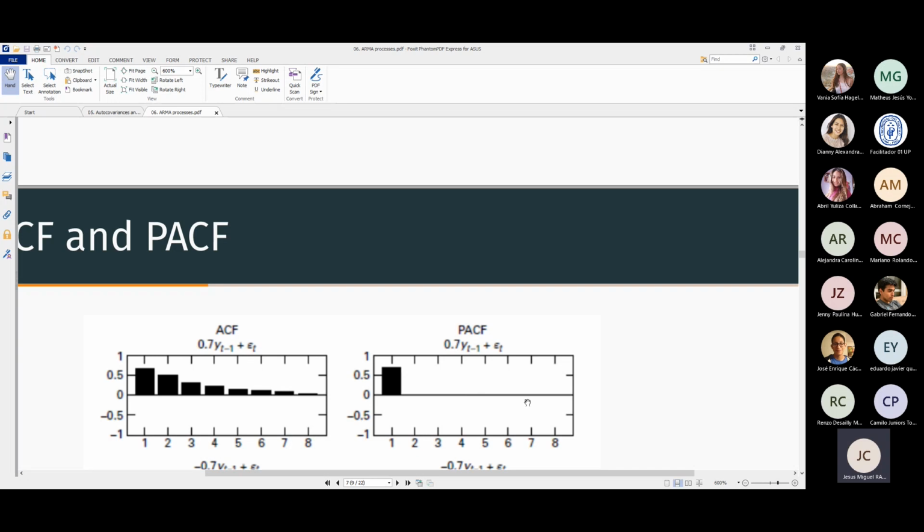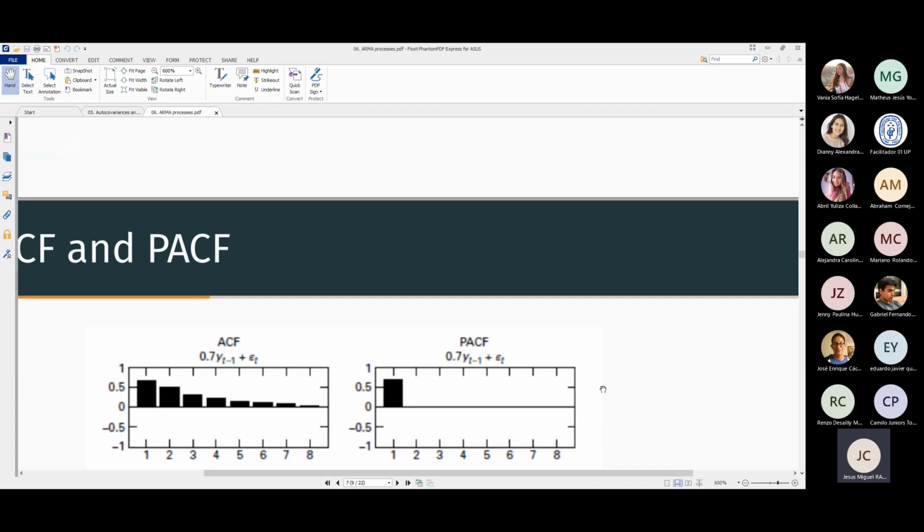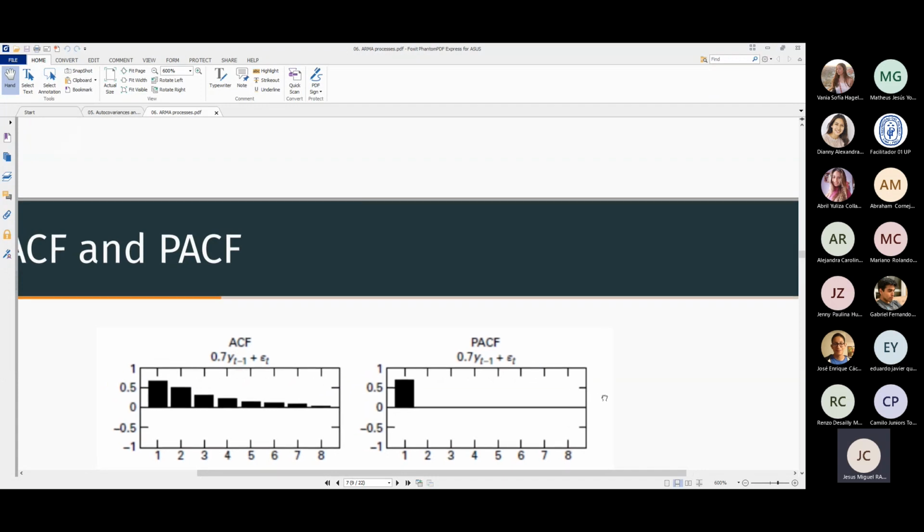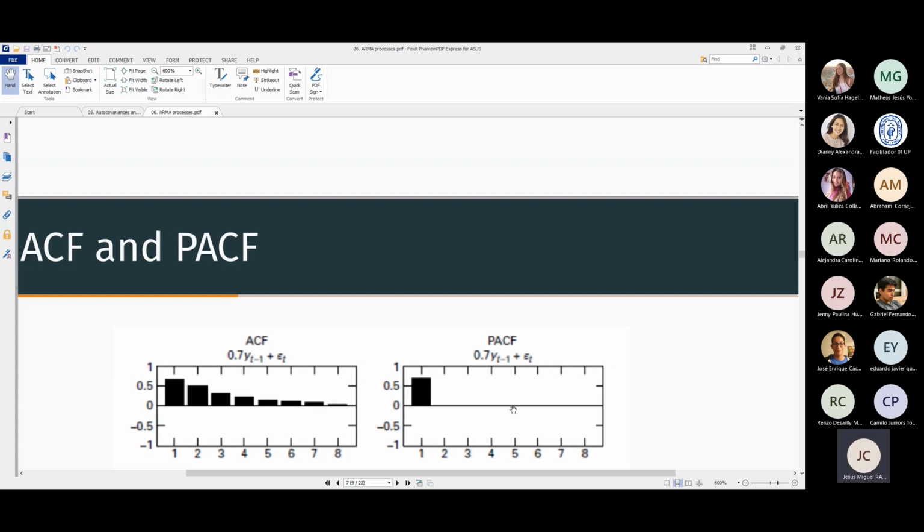That is before you know what the model is, because you don't know the true data generating process. One way of making a hypothesis of this process is by running the ACF on the time series.